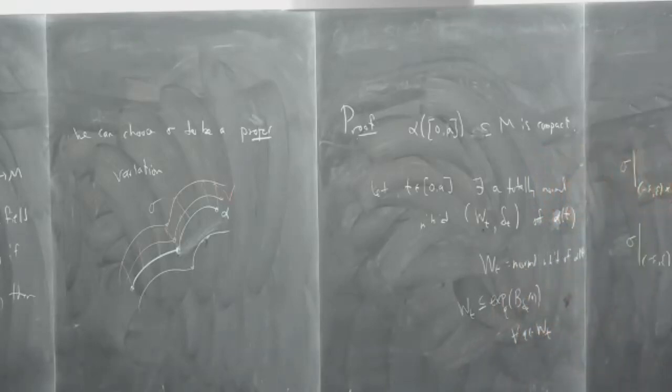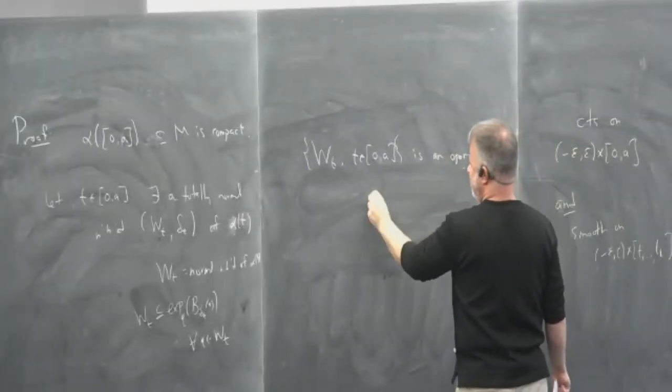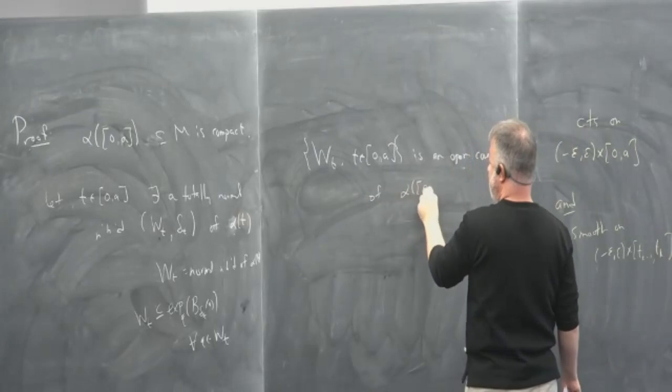It's contained in a normal neighborhood, a geodesic ball, of each of its points of the same radius delta_T. We saw earlier in the course that we can do this. So the W_T's for T in [0, A] are an open cover of this compact set.